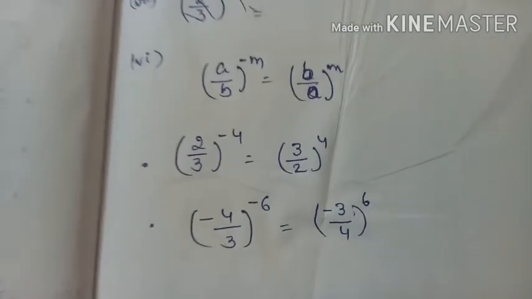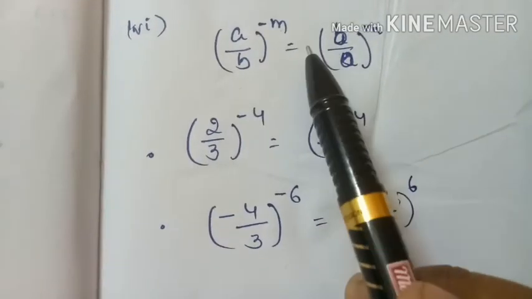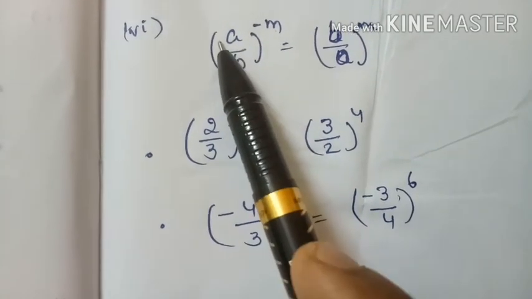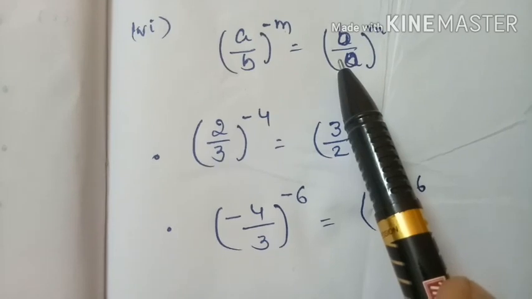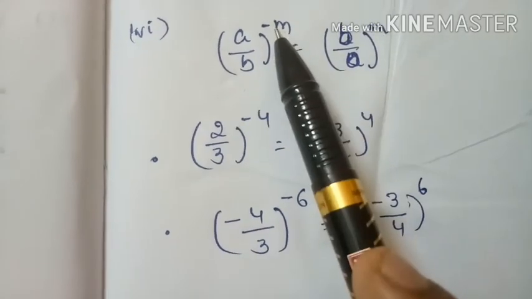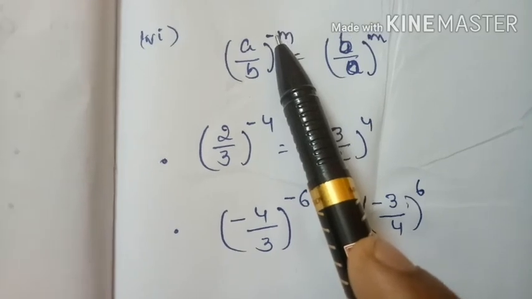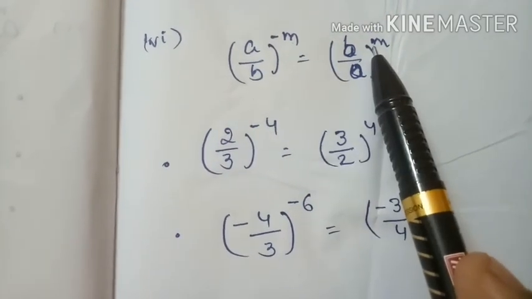Next one, a by b whole to the power of minus m is equal to b by a whole to the power of m. That means if you have any fraction, convert it into its reciprocal and interchange the sign of the exponent. Here it has a negative sign, but there a positive sign.